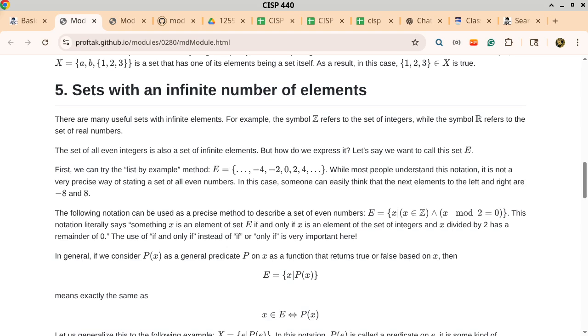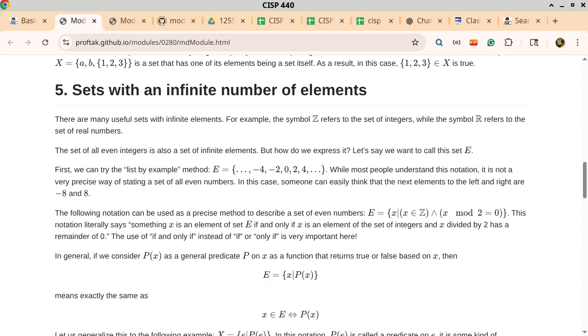But that really is not the most precise way to describe it. The most precise way is this one here. X is an element of E if and only if P of X is true.